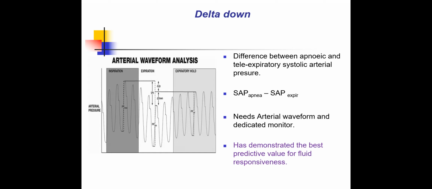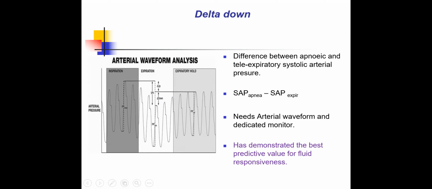And the systolic arterial pressure during apnea, this is the expiratory hold. So this is the apnea phase and we get the systolic arterial pressure apnea. So the systolic arterial pressure apnea, this one, minus systolic arterial pressure expiration, this one, that makes the delta down.